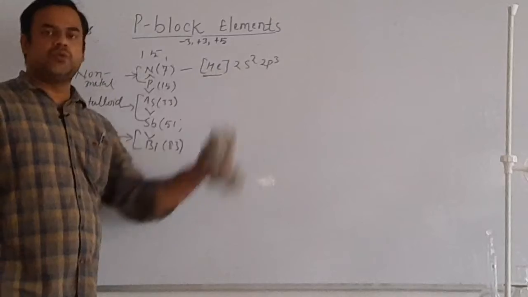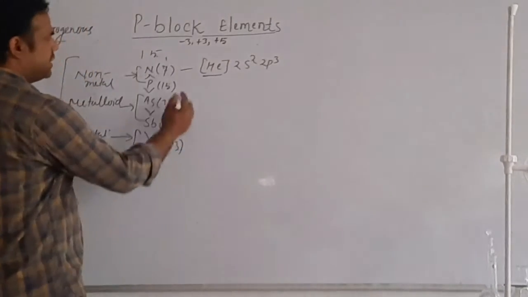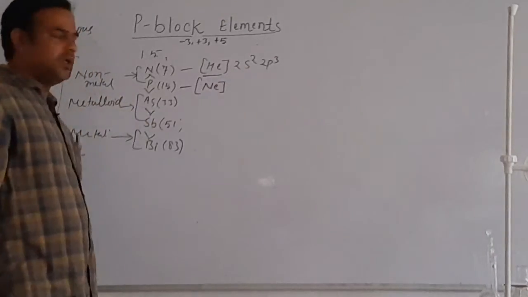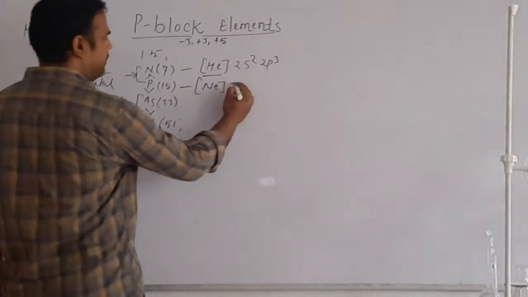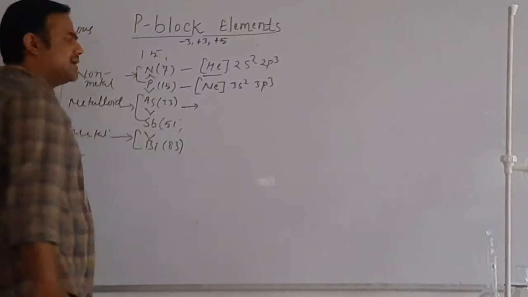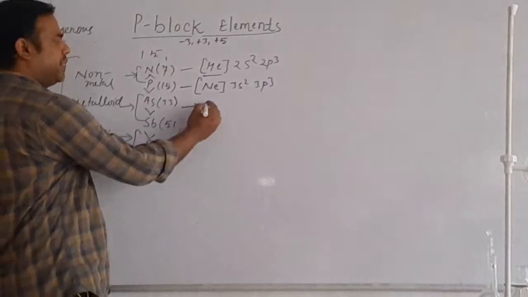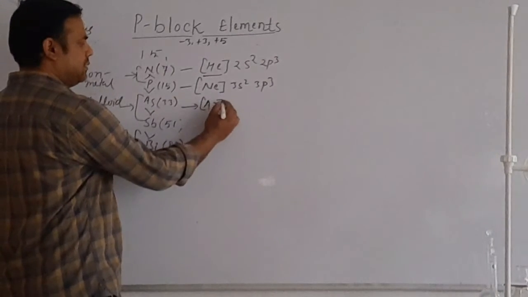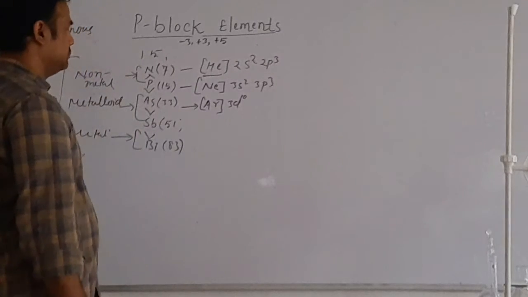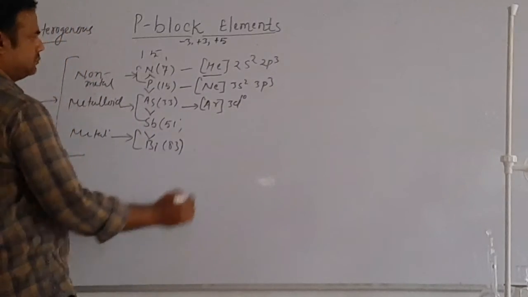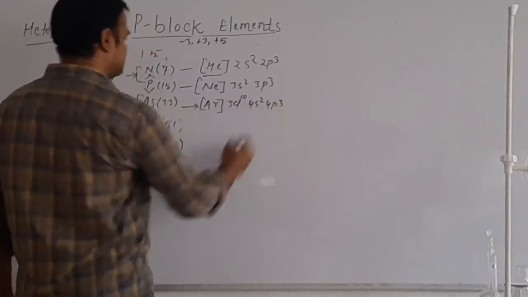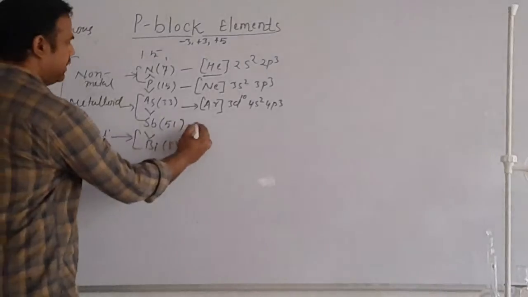Phosphorus has neon, 3s2, 3p3. Arsenic has argon, 3d10, 4s2, 4p3.